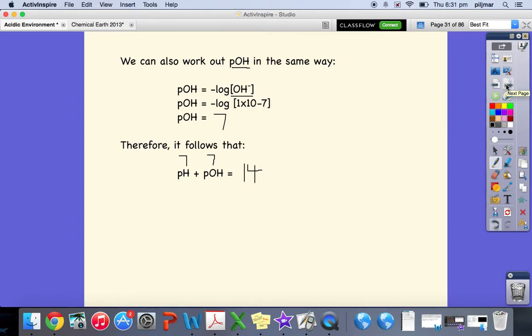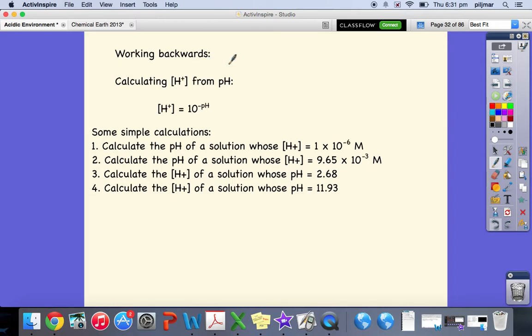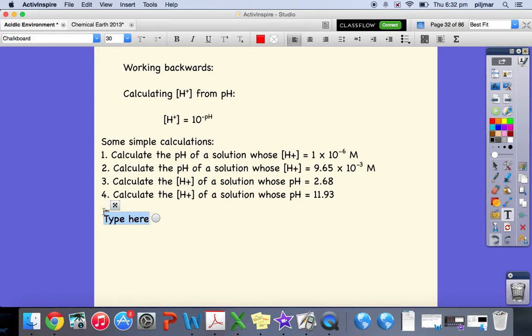If we continue on, we'll look at a couple of examples that I want you to continue for homework. We can also work backwards. We can calculate hydrogen ion concentration from a given pH because we know it's a power of 10 scale. So hydrogen ion concentration is equal to 10 to the power of negative pH. If we have a look at a couple of examples, we'll do one together. We're calculating the pH, so I write my equation as per normal.